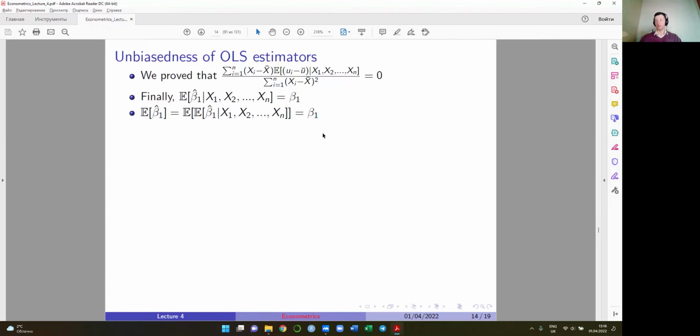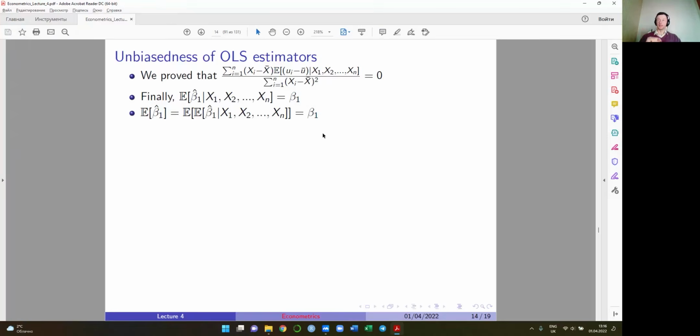What does this mean? It is unbiasedness. We spoke about unbiasedness in statistics. We have seen that there are biased estimators and unbiased estimators. This is why, for example, when we calculate sample variance, we divide by n minus 1, because then the estimator is going to be unbiased. Otherwise, it's going to be biased.